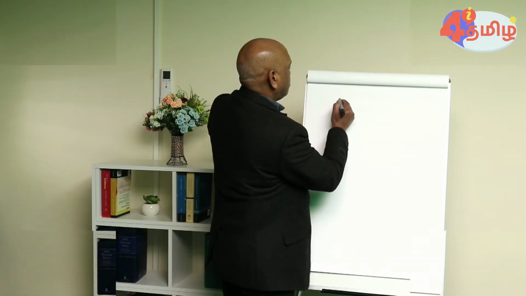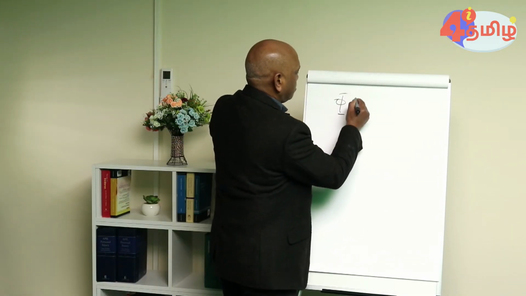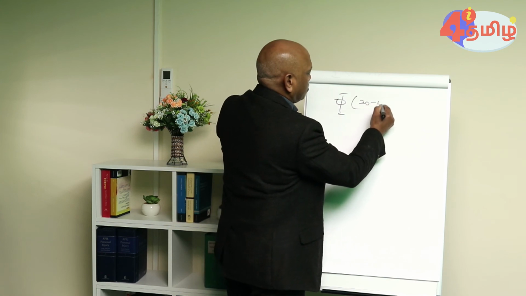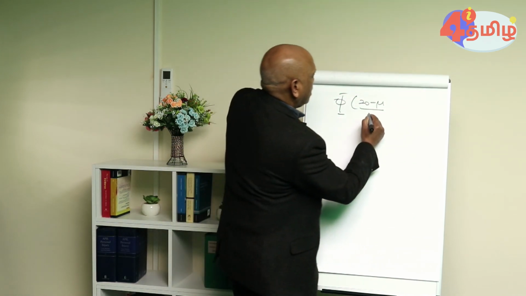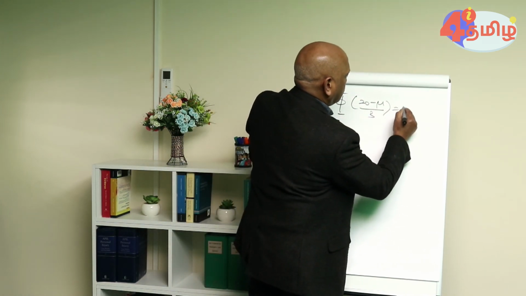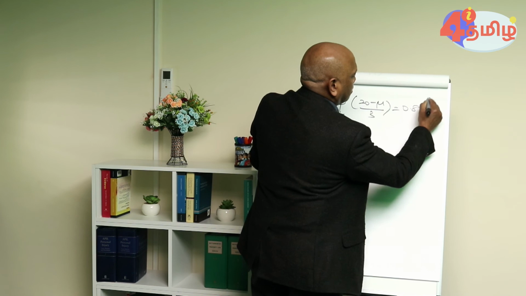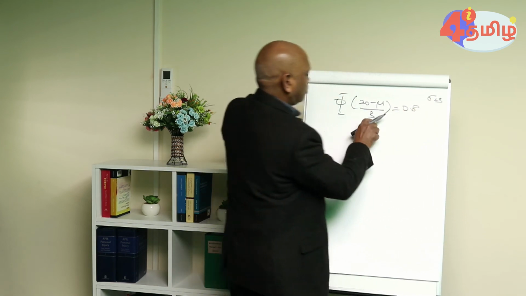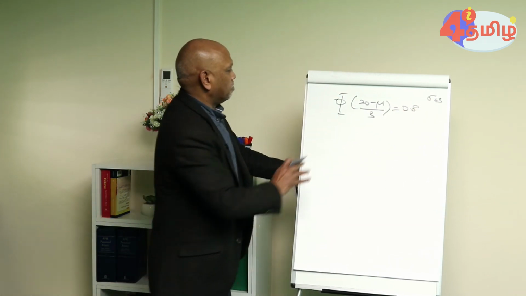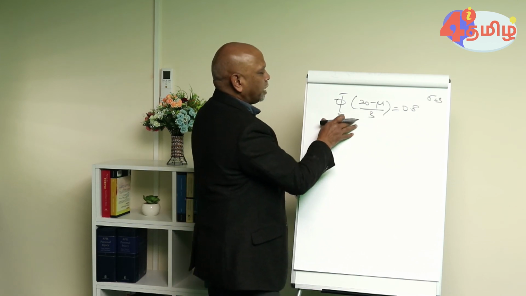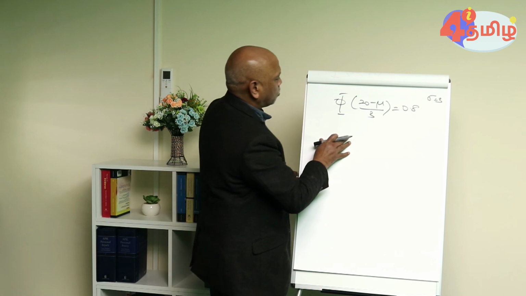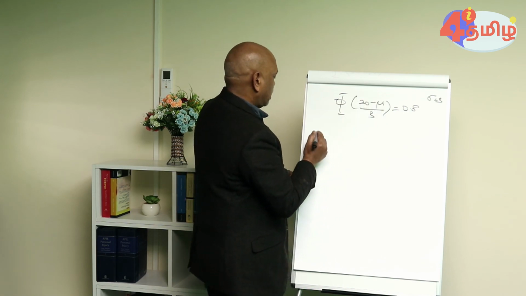I'll rewrite it. 20 minus mu over sigma equals 0.8. The standard deviation is 3, so I just wrote it here. This is the standard normal distribution format in order for us to calculate and find mu.